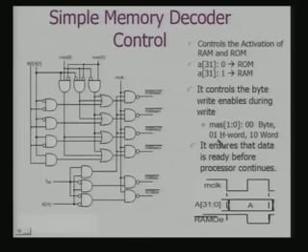Now, the other interesting thing is that this one is the size signal: 00 is byte, 01 is half word, 10 is word. Now, these signals are being fed here, and the logic is with regard to the different RAM write signals.